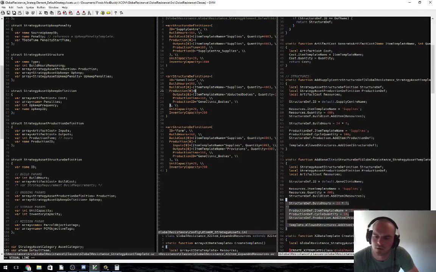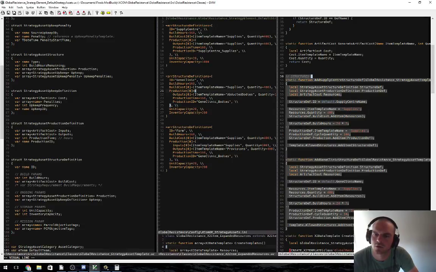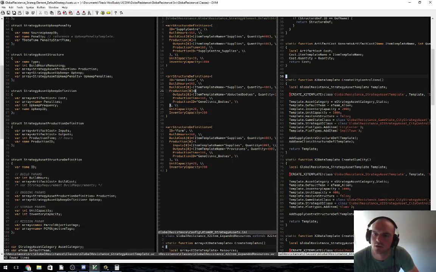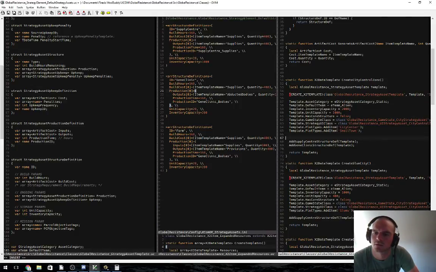So hopefully we can get rid of these now. So template.allowed structures, yeah, so we'll avoid all that stuff. And instead, the way we'll approach it is by adding these directly.